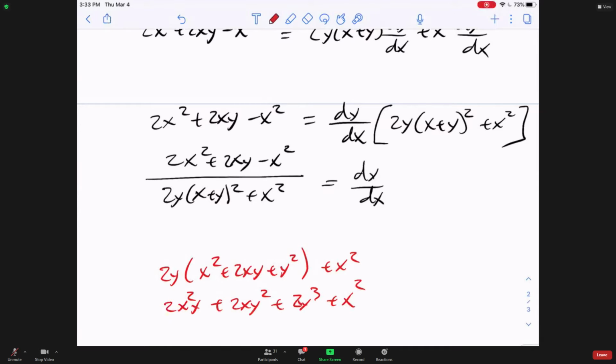We have a 2x squared y, 4xy squared. Oh yeah, this is a 4. Plus a 2y cubed plus an x squared. Yep, that's the bottom. And the top is just, you can just minus the x squared. You get x squared plus, and then factor out an x. Yeah, okay.